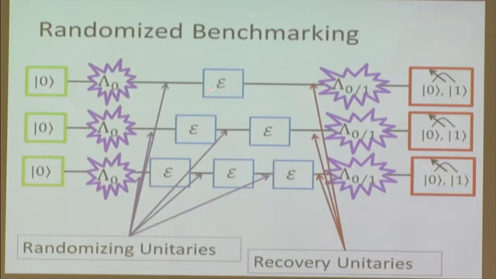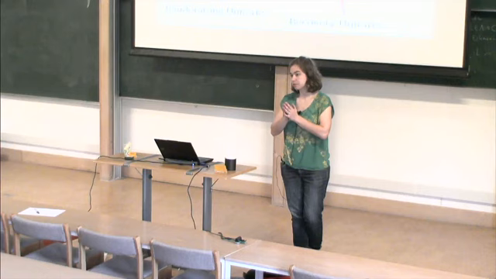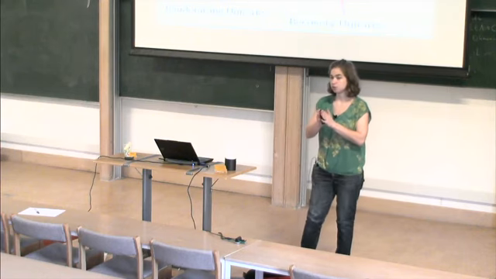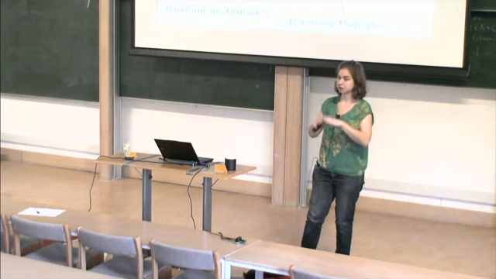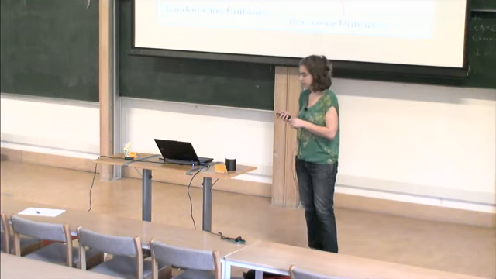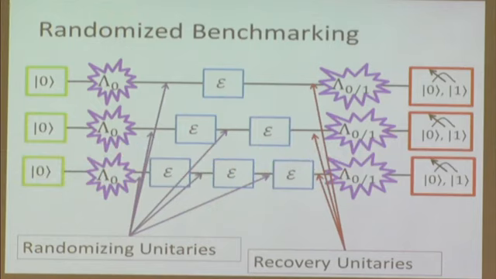That has the effect of essentially putting in a random state right before each time you apply your process. So if you can see how E acts on all these random states, you get a very good picture of the total action of E. And then at the end, because now you're basically in a random basis, you have to do some final unitary to put yourself into a basis where your measurement makes sense.